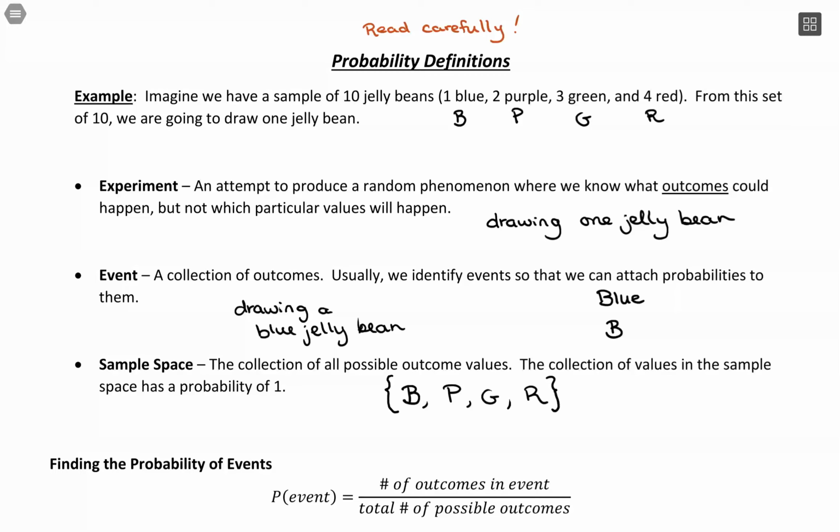Those are our possible outcomes that we're seeing. When you find the probability of each of these outcomes, if it's the sample space, it should all add up to 1 to represent 100% of the possible outcomes. We wouldn't want to leave anything out. We also wouldn't want to add in more than we actually have. All right, so those are some definitions.